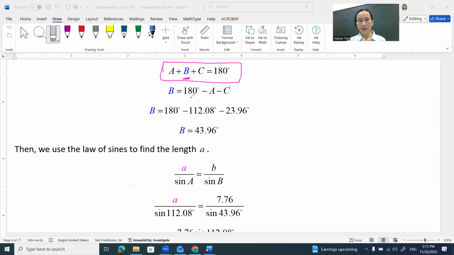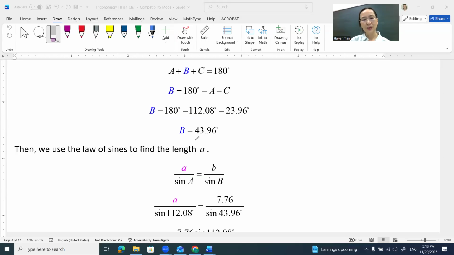Everything else is known, so we just do the subtraction and we can get B. So 180 minus A. This time, this oblique triangle has the obtuse angle, 112.08 degrees, minus C, which is 23.96 degrees. So 180 minus A and C, then we get B. B is 43.96 degrees.